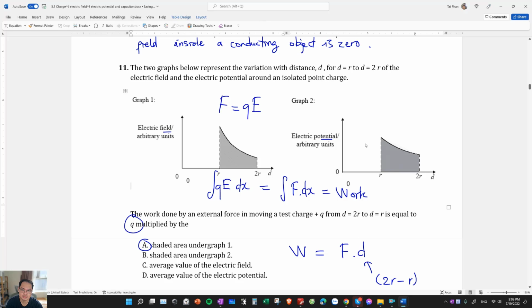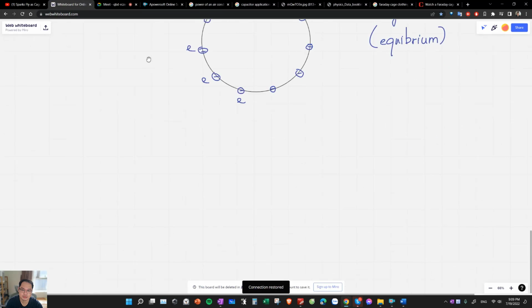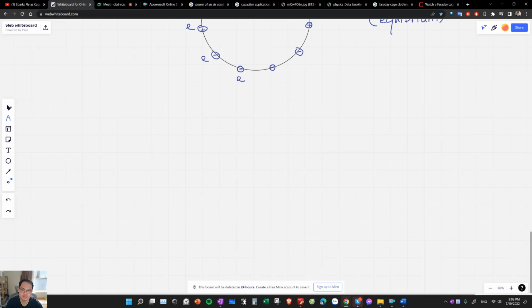F equals QE. E is the variable, so this is a variable force also, so we need to take the integration, which is the area. If you have learned integrals in math, the area of a shape is calculated by this integral. For example, in the mechanics part, we have constant accelerated motion, with the velocity and the time, and the velocity increases linearly like this.